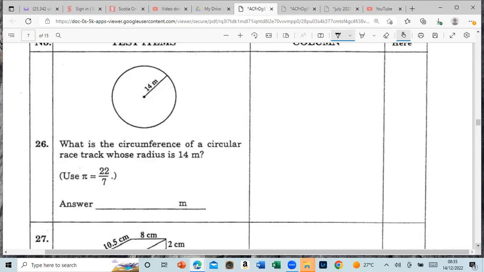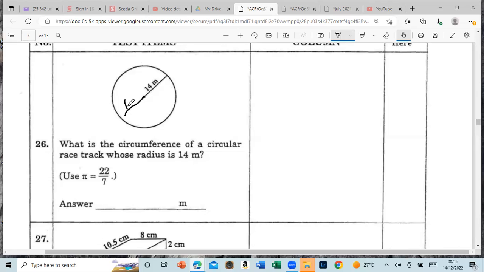Without even working it out, I know it's about 80-something. 14 and 14 are 28. I know it's about 3 times 28, which is about 80-something. Well, let us work it out, alright? Because for all circles, the circumference is about 3 times the diameter in length. That's how they come up with pi.